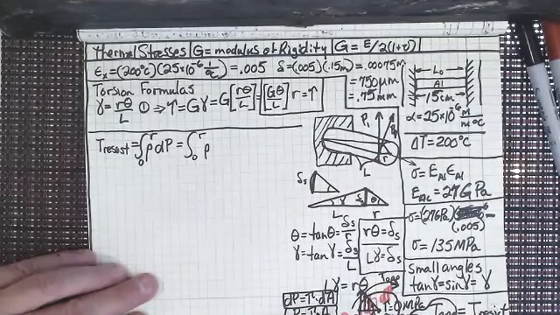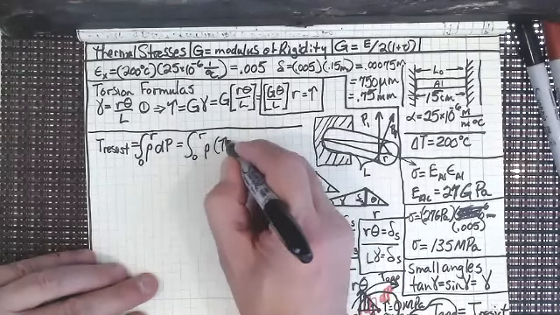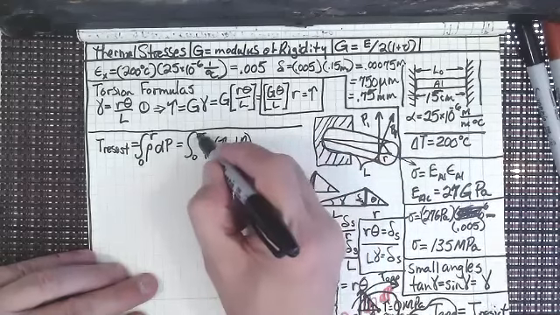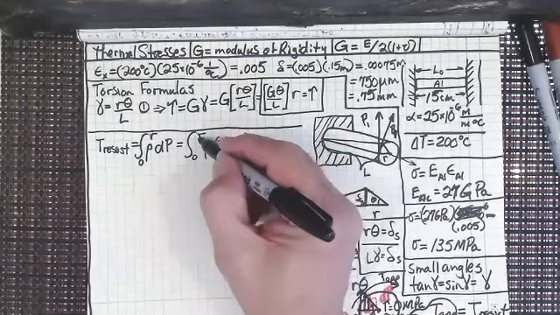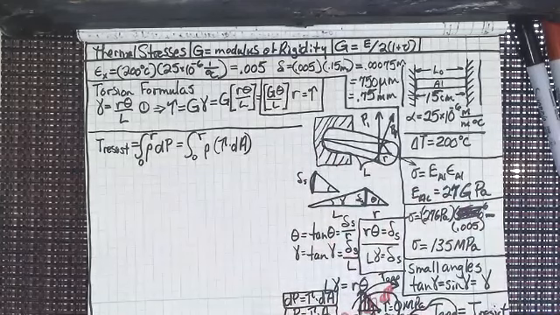So rho times tau dA, from 0 to r. We're still doing our integral, integrating all of those so that we can get T.